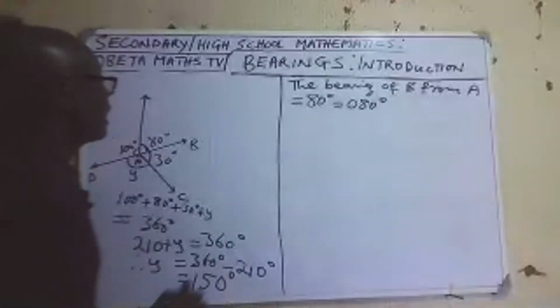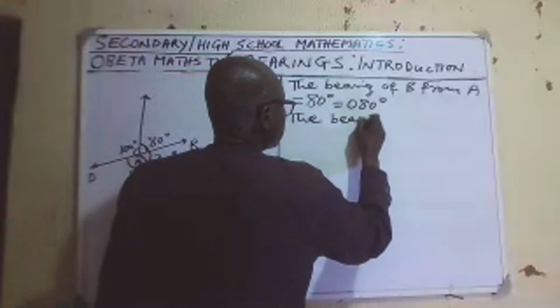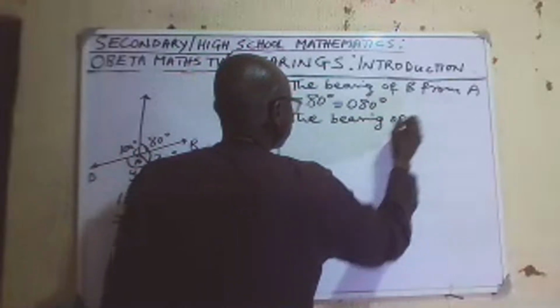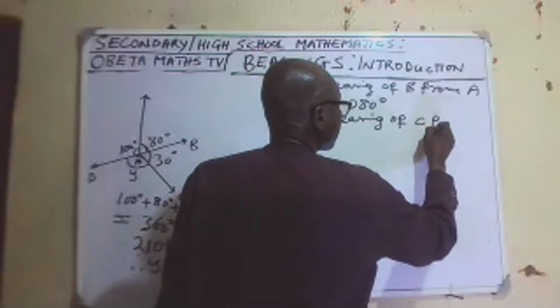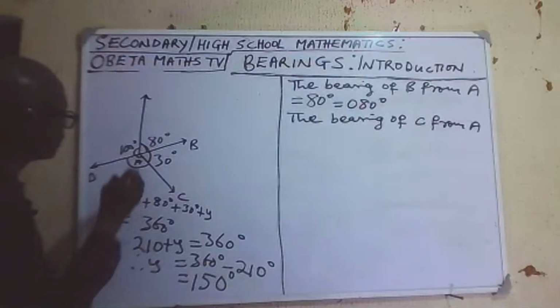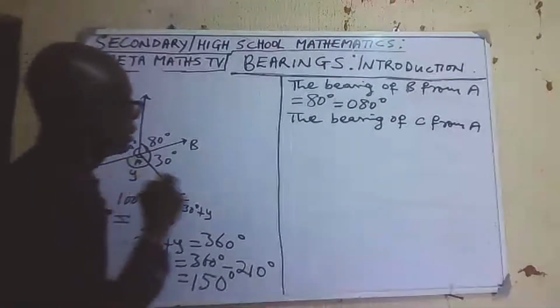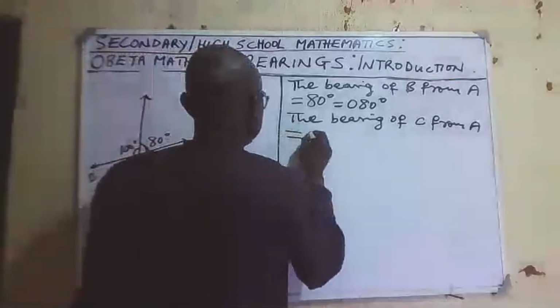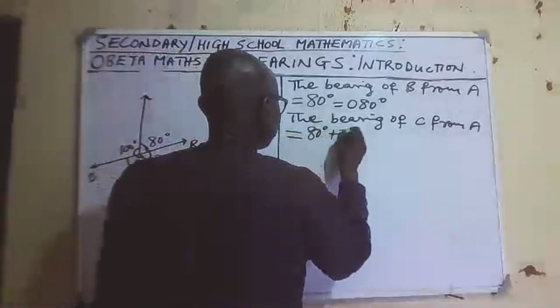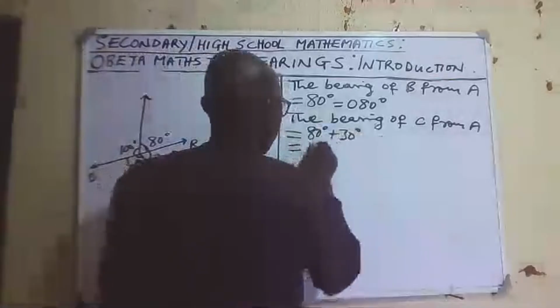Then the bearing of C from A is from the north to the line joining C. That means we have 80 degrees plus 30 degrees.